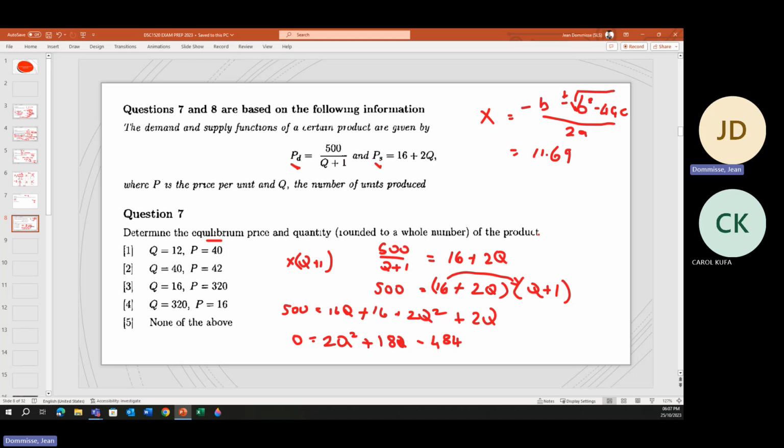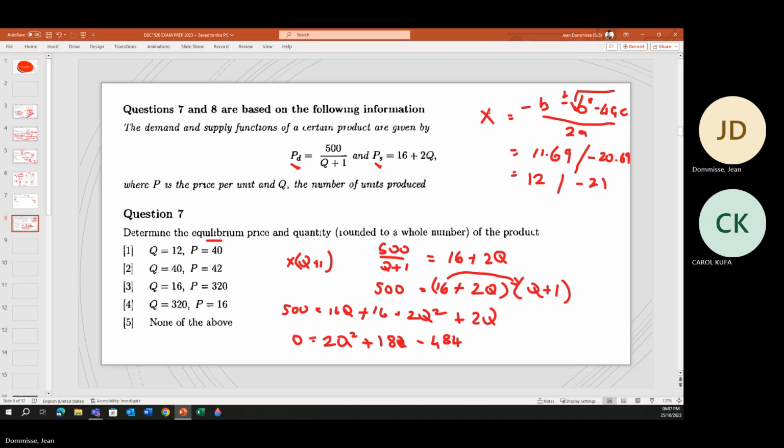So that also tells me that I wouldn't have been able to get it. And we get a number of minus 20.69. Okay, so they told us to round off. So we round off the 11.69 to 12. Let's round off that one as well.